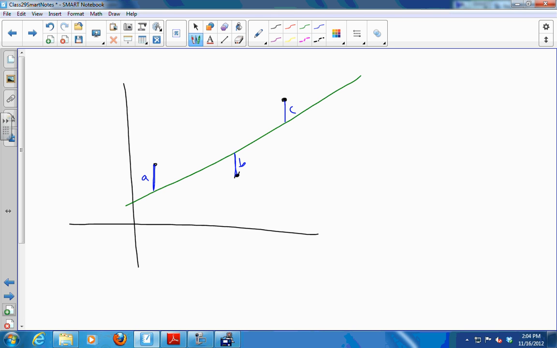So one of those distances is going to be positive and one's going to be negative. So the way we take into account the fact that some are positive and some are negative is we square them all. That way it makes them all positive. So a regression takes the sum of a squared plus b squared plus c squared, it adds up the square of all those distances and makes it small.